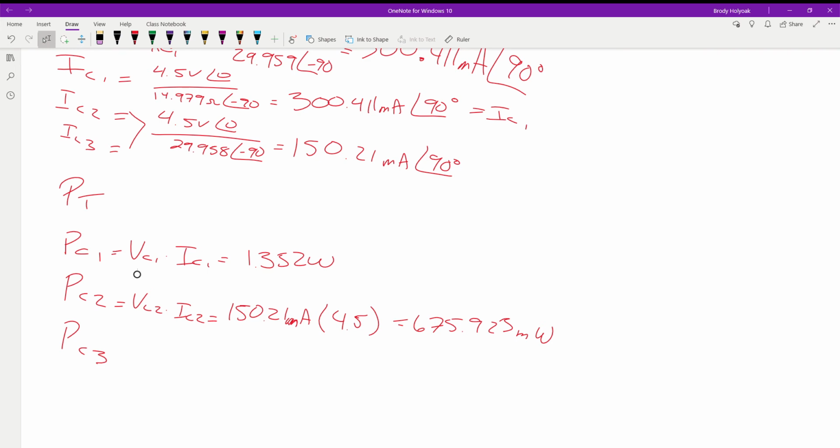Here we have the same voltage and half as much current. So C3 and C2 are going to be half of C1. Okay. And our last question is power total.